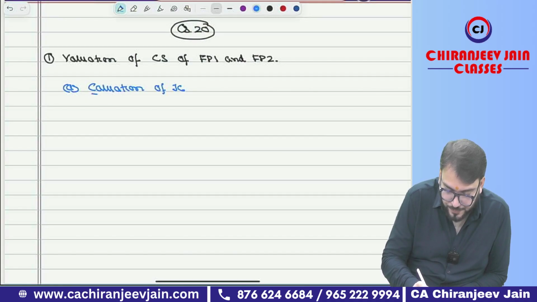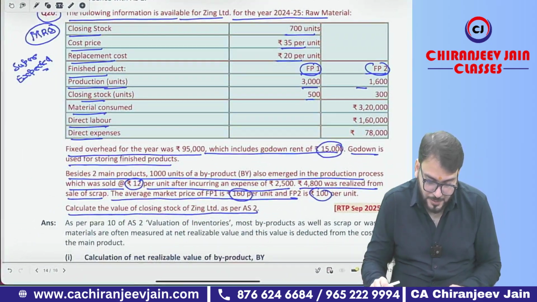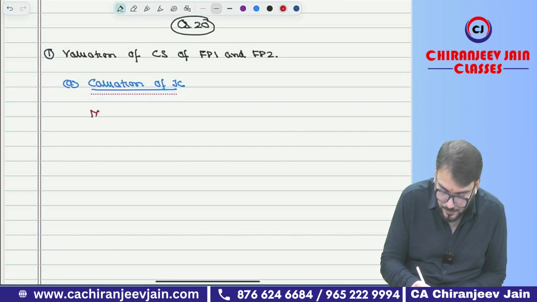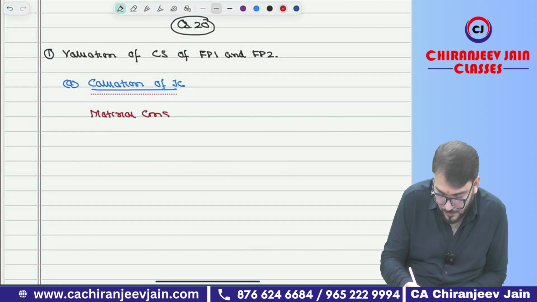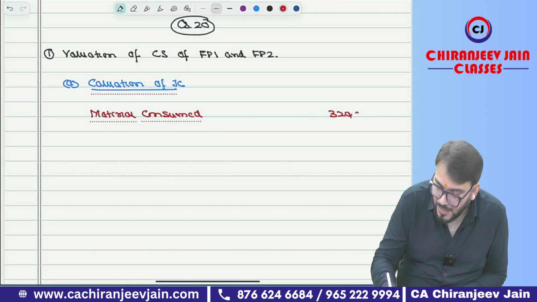Calculation of joint cost. What is given? They have given material consumed, 3,20,000.